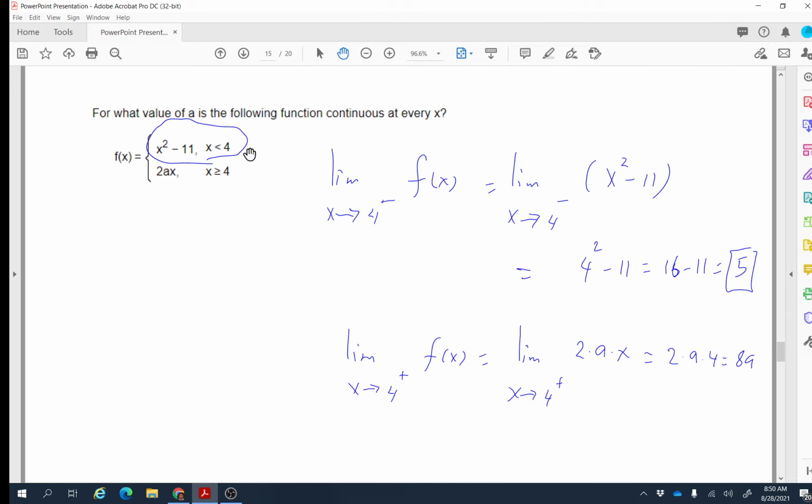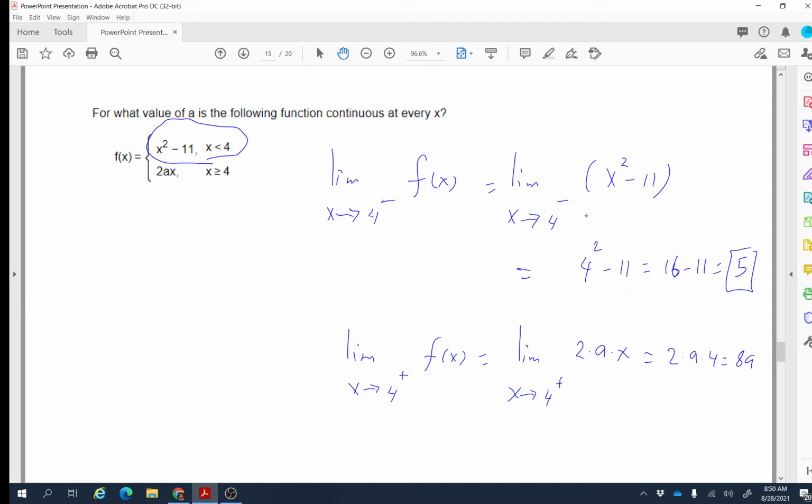So this function would be continuous at 4 if the value of the function at 4, which is 8a, is equal to the limit of the function, which means the left hand limit and right hand limit should be equal. That is the only case the limit exists.